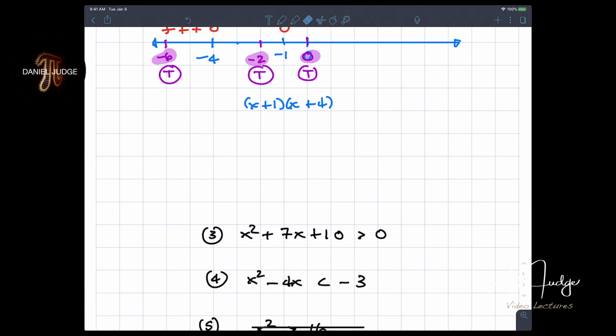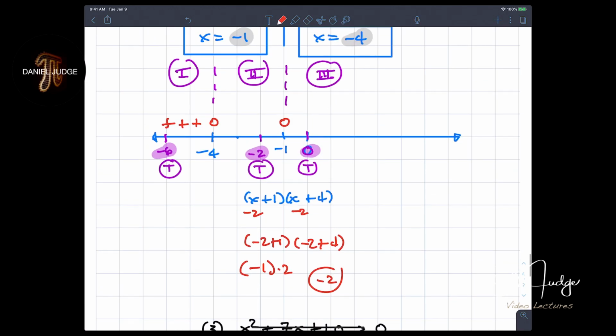And you say, what point do we use? We're going to use negative 2. We already decided that. So negative 2 plus 1 times negative 2 plus 4 gives you negative 1, and then you get positive 2. Negative times a positive is negative. So region 2 is strictly negative.